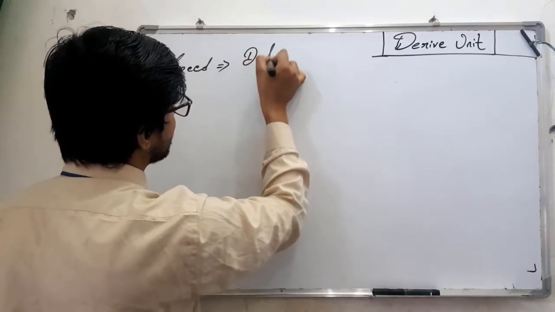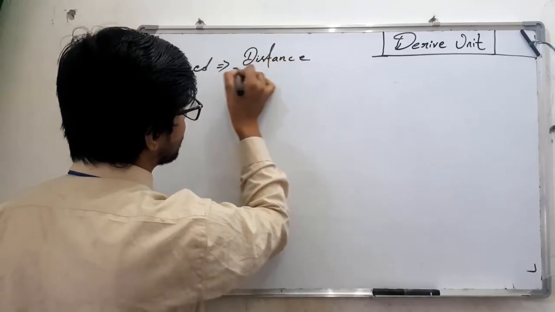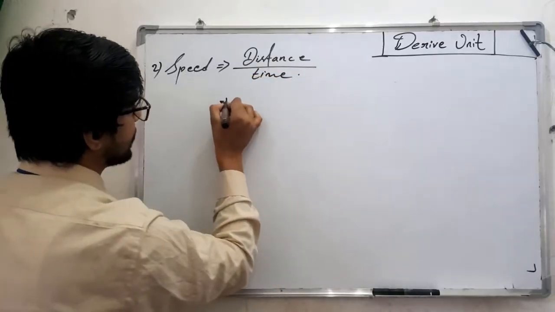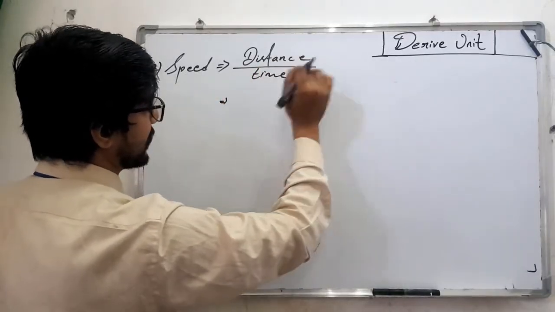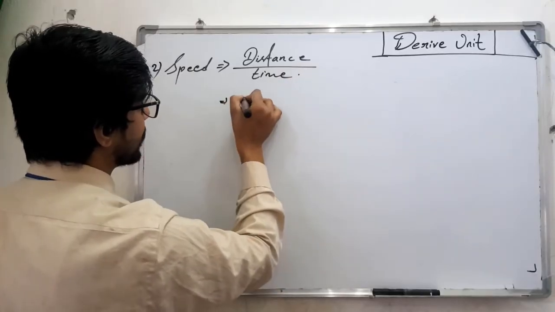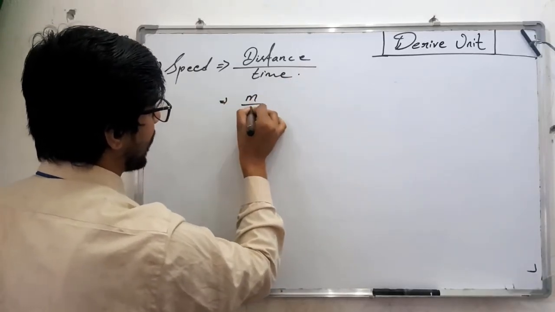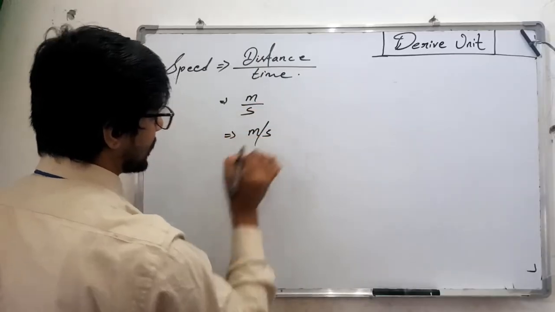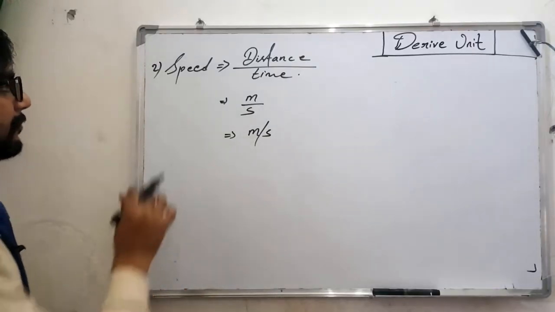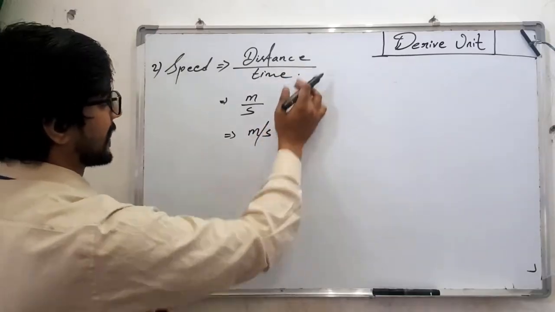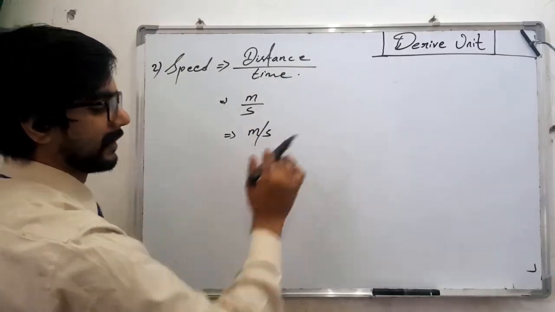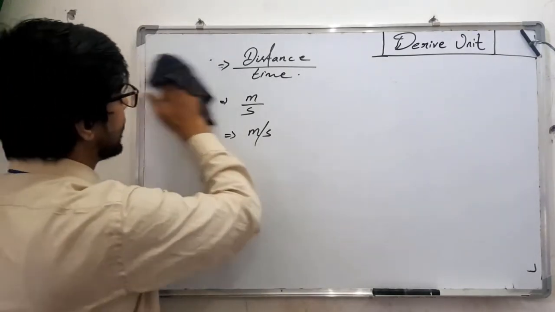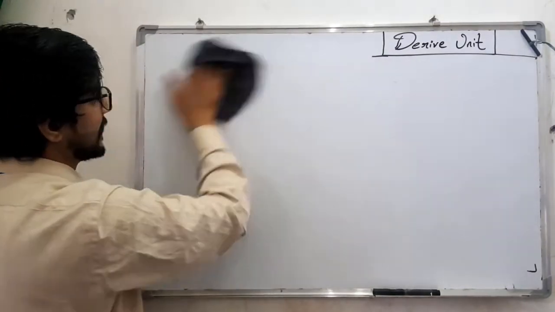Distance is in fundamental terms, time is also in fundamental terms. We can write meter by second. When you condense this, you will get meter per second. So simply, by writing the formula we can express it in terms of the fundamental units. Let's see the next example, a little complicated one.